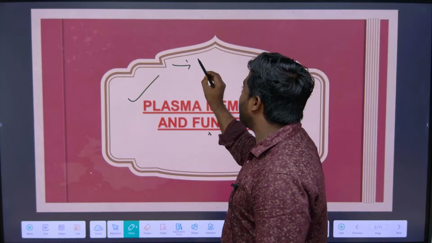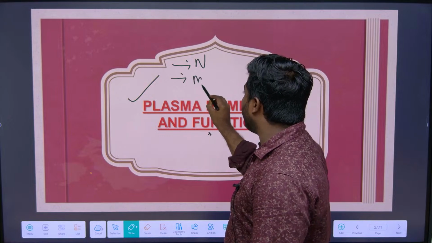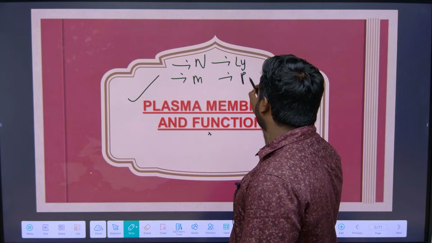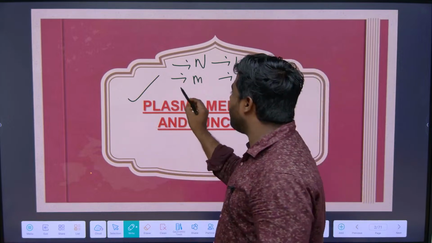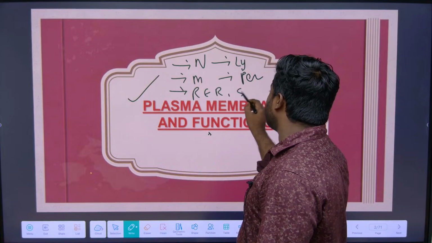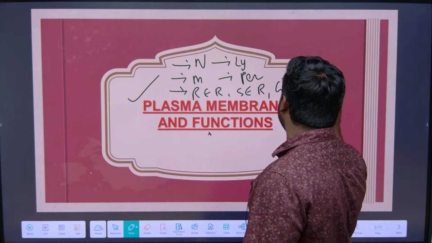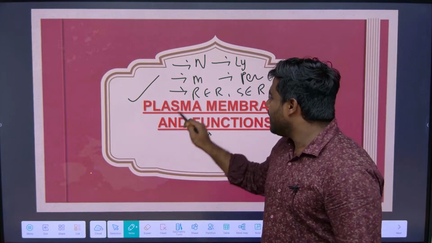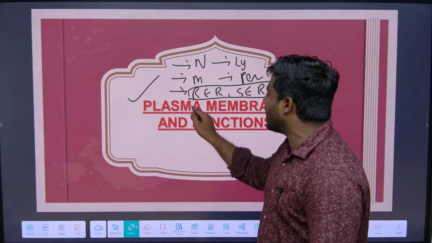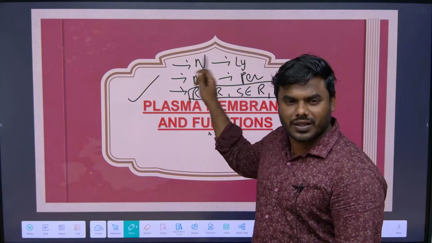Apart from the plasma membrane, we have to focus on nucleus, mitochondria, lysosomes, peroxisome, and the most important organelles, that is RER, SER, then Golgi complex and cytoskeleton. Trust me, the most difficult questions only come from these 4 specific organelles. It doesn't mean we leave all other organelles; we have to read all the others also.